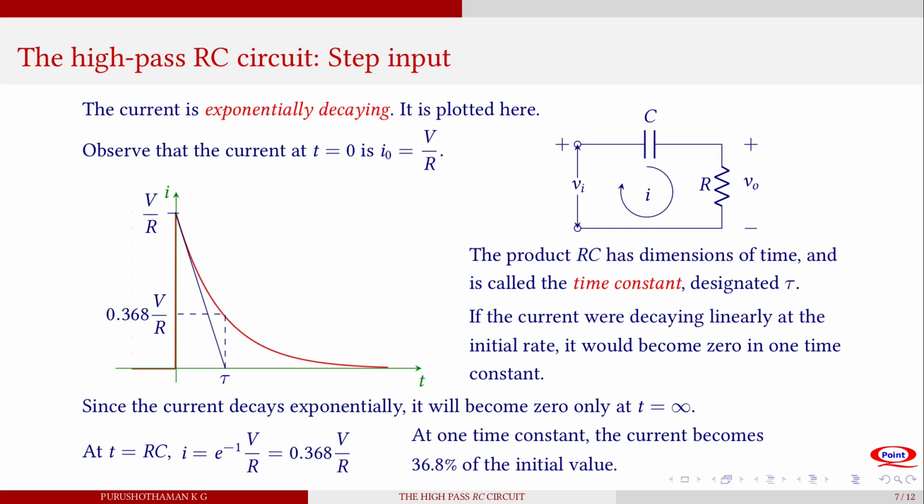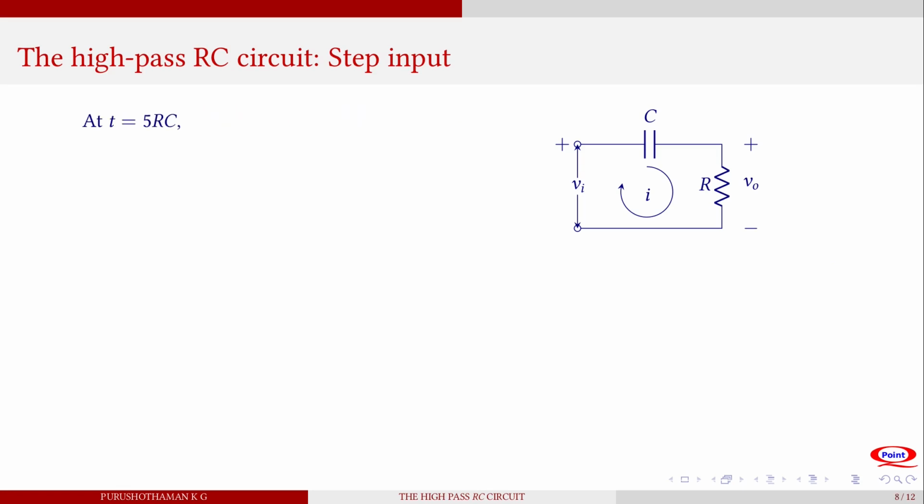So it seems that the circuit never reaches steady state. But at t equal to 5 RC, if you calculate the current, this is equal to 0.006738 V by R. It is only 0.67% of the initial value, a current which is almost negligible.